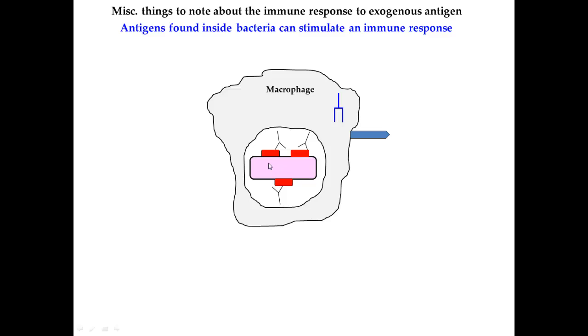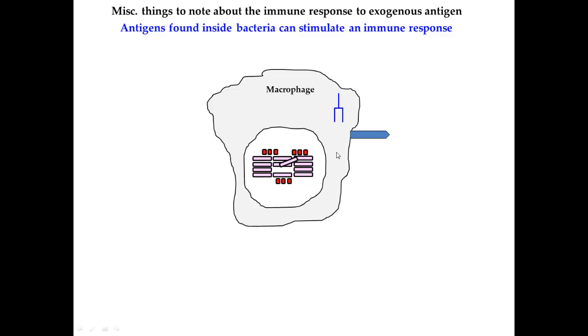Now note something here. In this bacterial cell, the red areas represent extracellular molecules, and the pink area represents intracellular molecules. So when it gets chopped up, there are a bunch of little extracellular bits and some intracellular bits too.